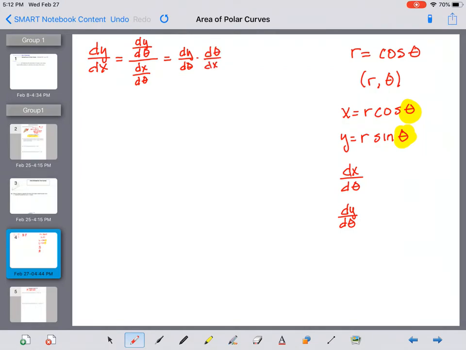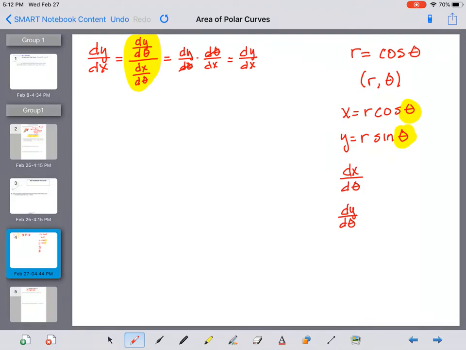And because of this simple fraction operation, our d thetas are going to cancel out, and we're left with that idea of dy dx. So we're going to use this property to actually find the slope. But that means coming back and actually taking the derivative.